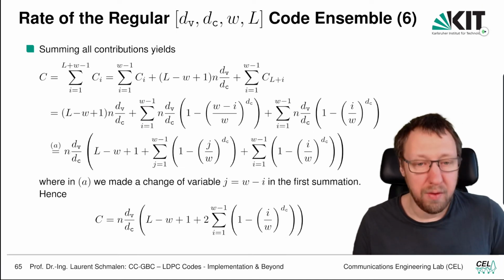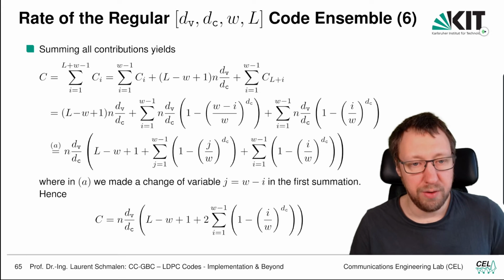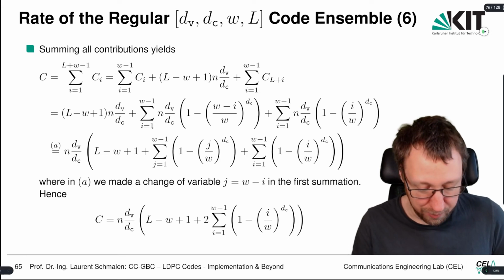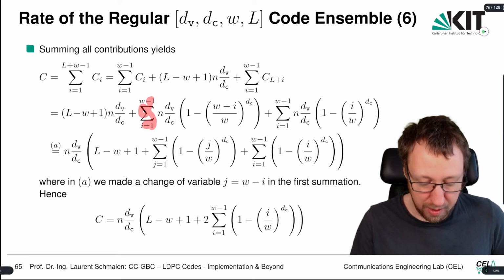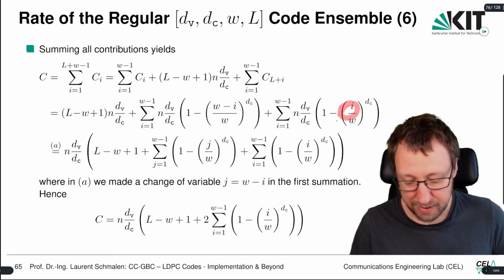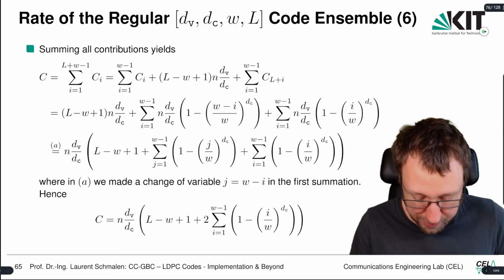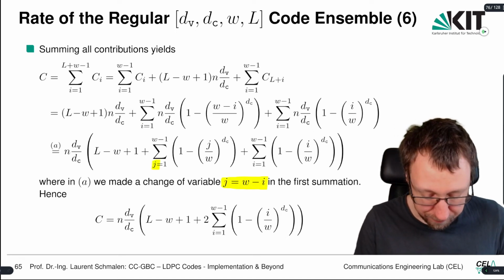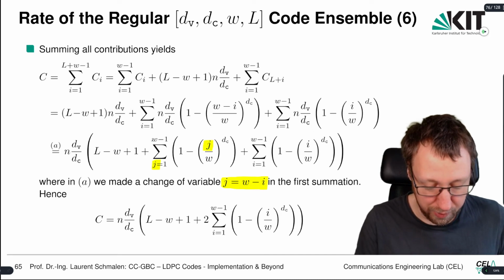And now we can make a small change of variable here. In this expression, we say j is equal to W minus i, because we want to get the same expression as here. That's this j over here.